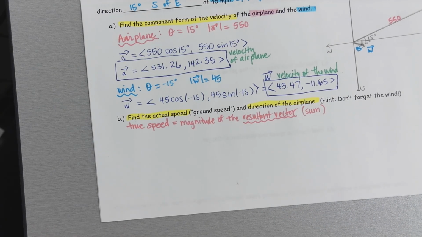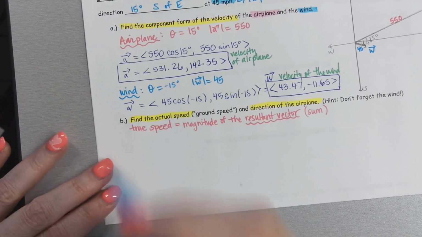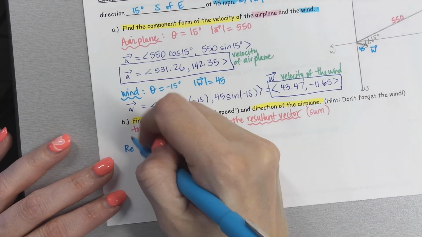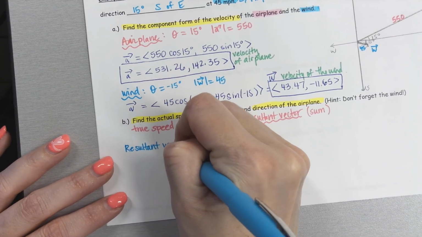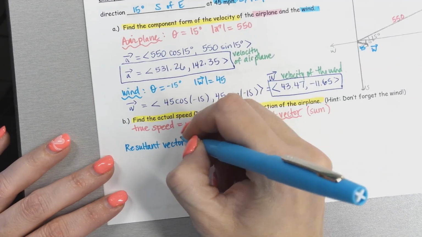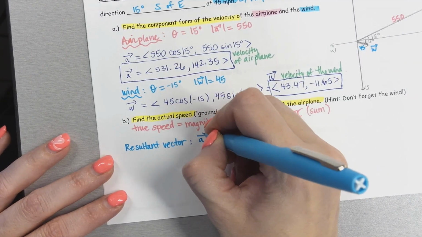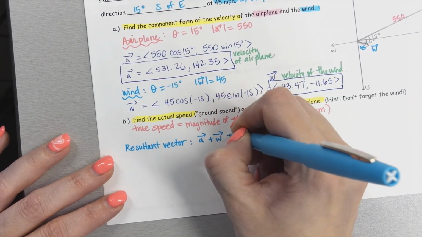Okay, so in this case, the resultant vector consists of the airplane plus the wind.